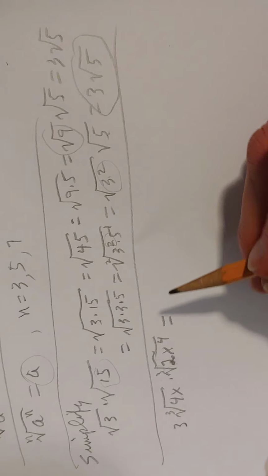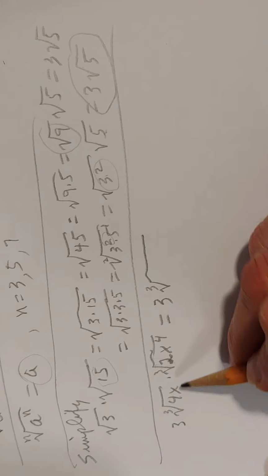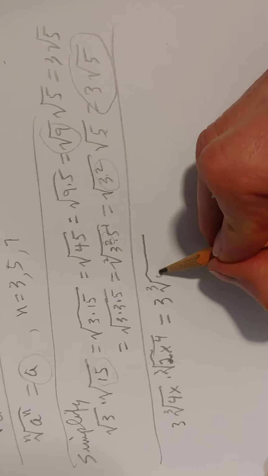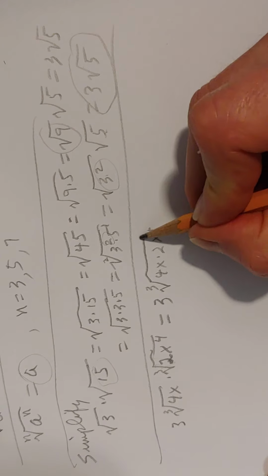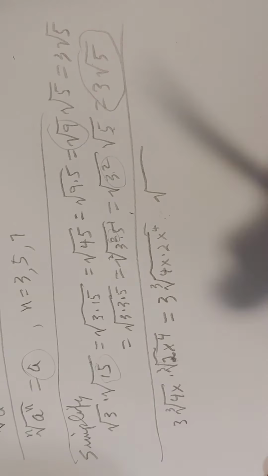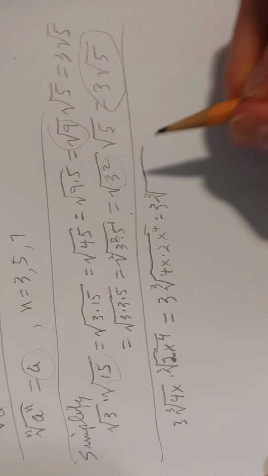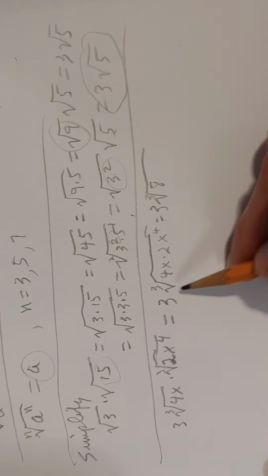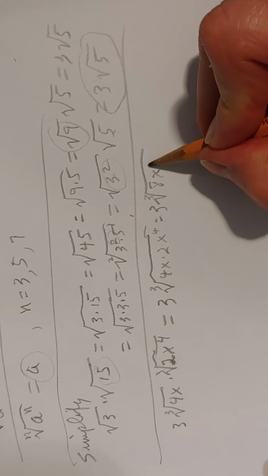Therefore, I can use the product property and multiply the two radicands together and write it as one cube root. So I can write it as the radicand is 4x times the 2x to the 4th, which becomes 3 times the cube root. Don't forget to write that little index. 4 times 2 is 8, or you can write it as 2 cubed. And then x times x to the 4th is x to the 5th.